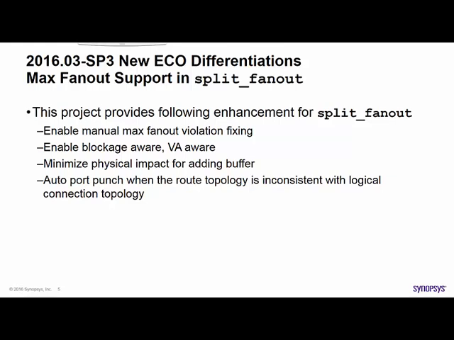Split fanout is an existing command in ECO flow to implement load-based buffering. In this project, we made several enhancements, including it now supports user-defined max fanout value and enabling manual max fanout violation fixing.